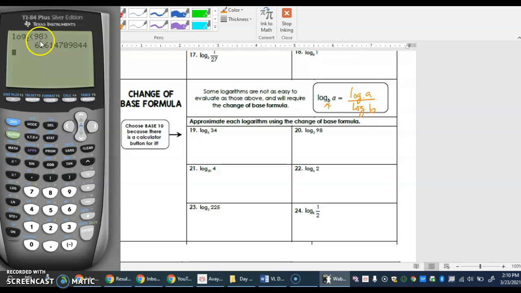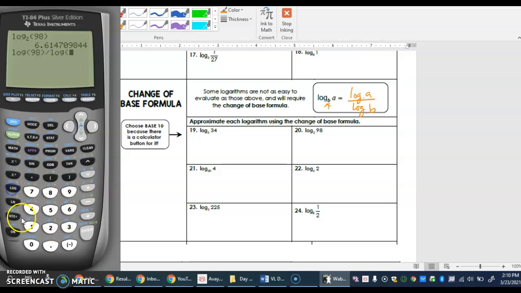But what if you don't have that feature in your calculator? What you need to do is just do log 98, use the common log. You can even use the natural log, but I still didn't introduce natural log to you. So you can use this. Log 98, make sure there is a closed parenthesis here, otherwise it will give you a wrong answer.